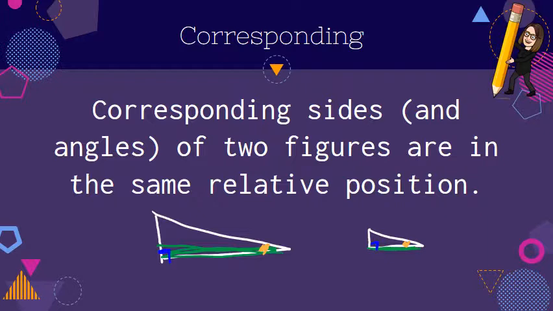So we're noticing all these relationships and corresponding. That would mean this short side is corresponding to this short side, which leaves only one option: this longest side corresponds to this longest side.